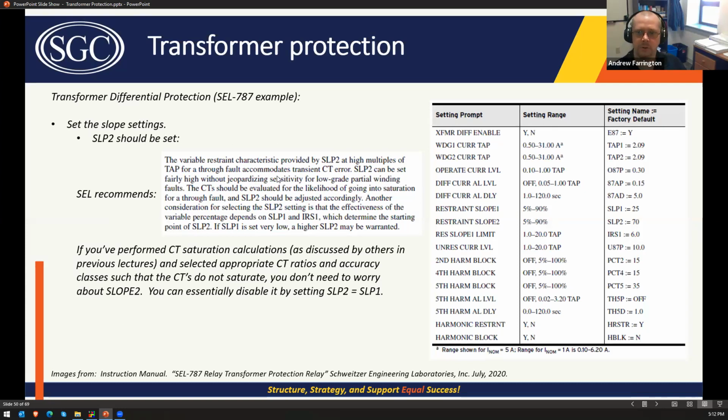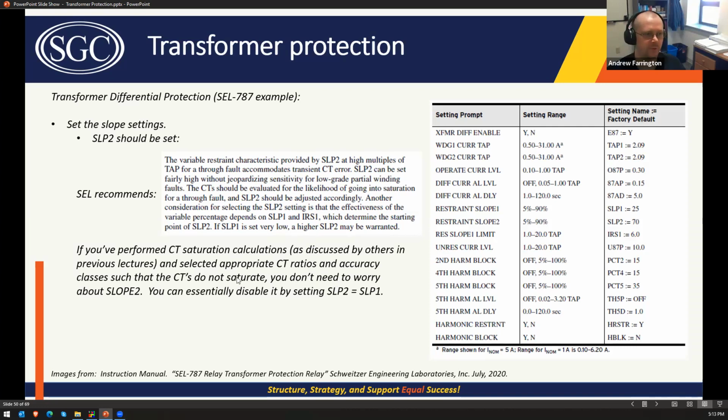Slope 2 is looking at your CT error under CT saturation and trying to accommodate that. If you've done your job correctly and you've done your CT performance calculations and sized your conductors appropriately during the design phase and made it so that CT saturation isn't an issue at your location or your application, then slope 2 doesn't even really matter.